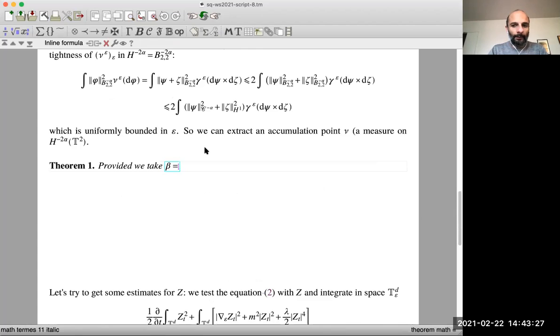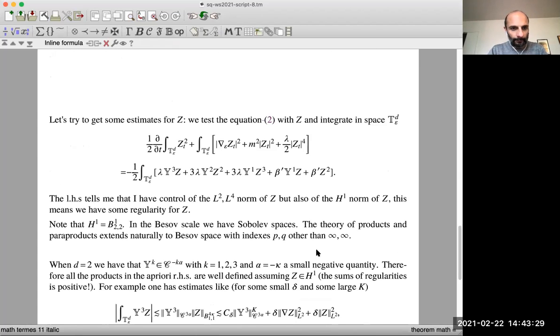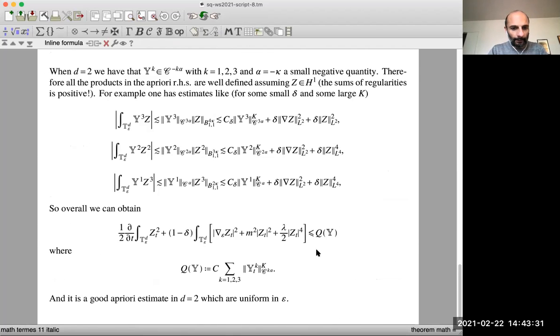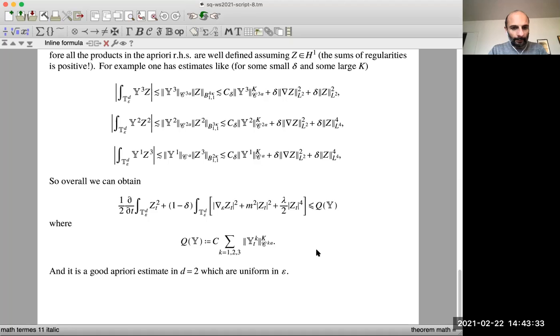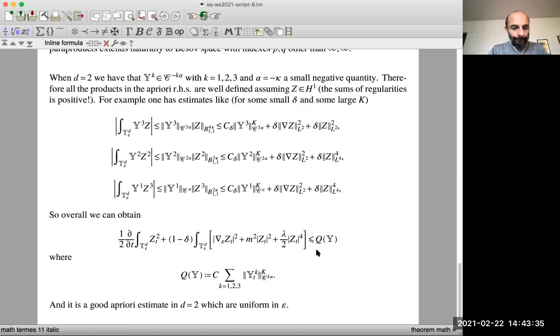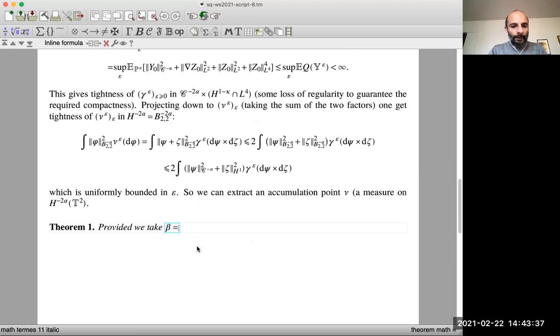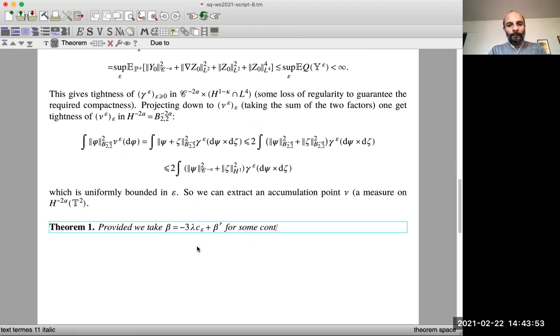So beta was something like minus 3 lambda, I don't remember, C epsilon, should be like this, plus beta prime for some constant.